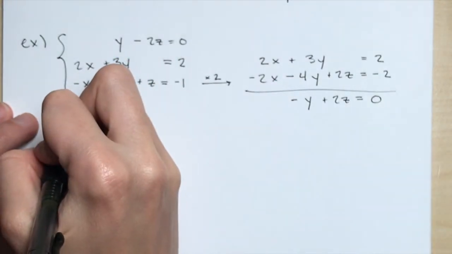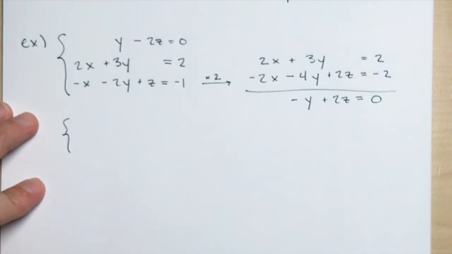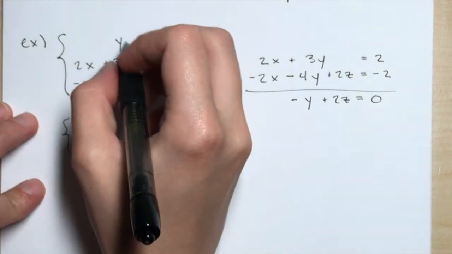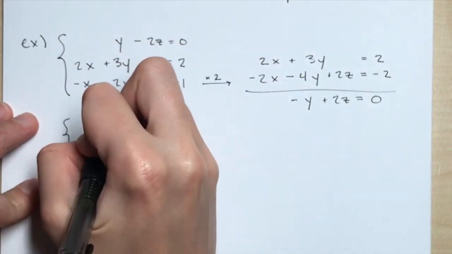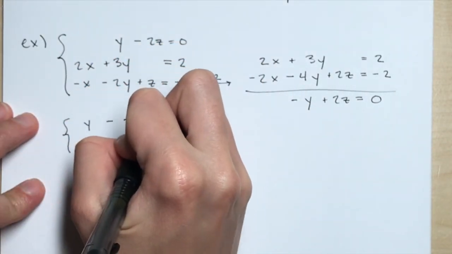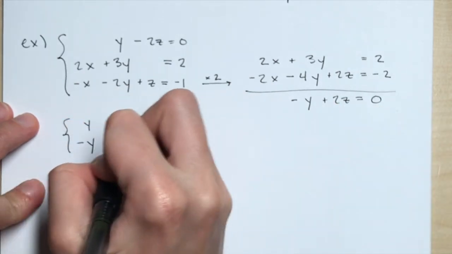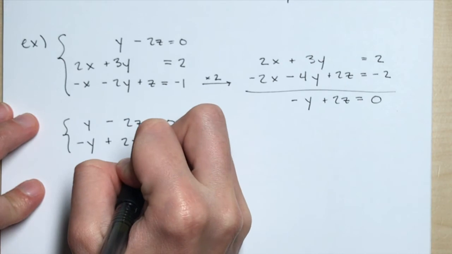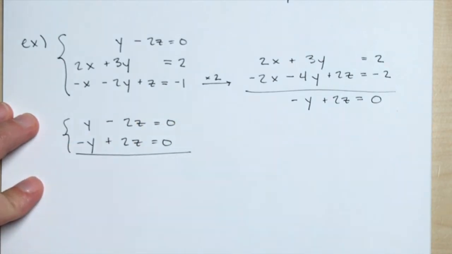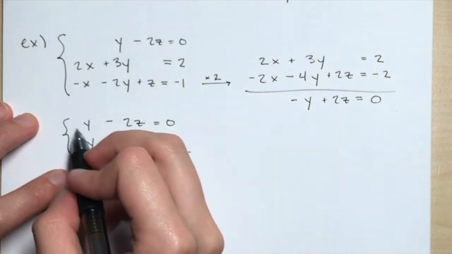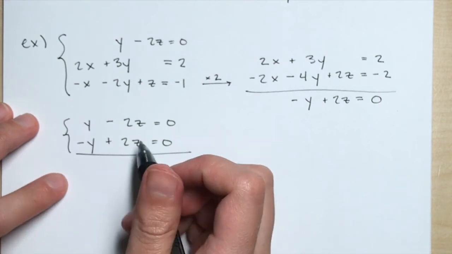All right, let's write our new system of two variables. So my first equation was y minus 2z equals 0. My second equation is negative y plus 2z equals 0. If I add these together, we're already set up for elimination.